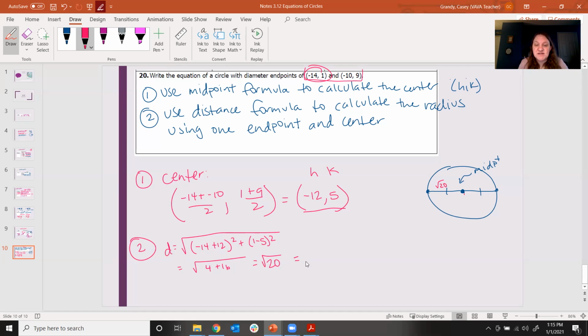Okay. So that's my radius. So now I can find radius squared, just square both sides. So r squared is 20. Now I have everything I need to write my equation. I have h, I have k, I have my r squared.